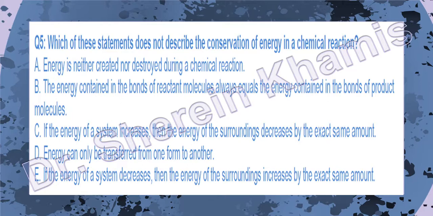The energy contained in the bonds of reactant molecules always equals the energy contained in the bonds of product molecules. If the energy of a system increases, then the energy of the surroundings decreases by the exact same amount. Energy can only be transferred from one form to another. If the energy of a system decreases, then the energy of the surroundings increases by the exact same amount. Which one do you think will be wrong?